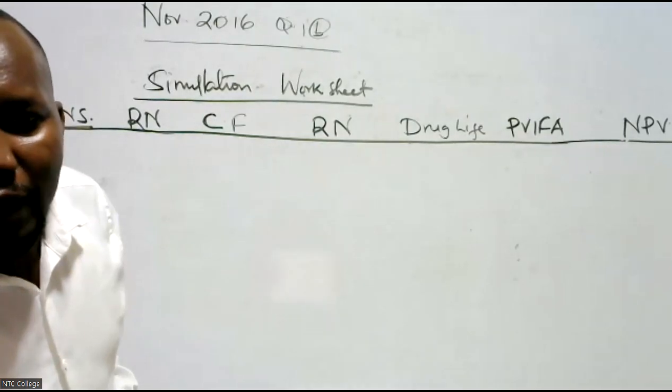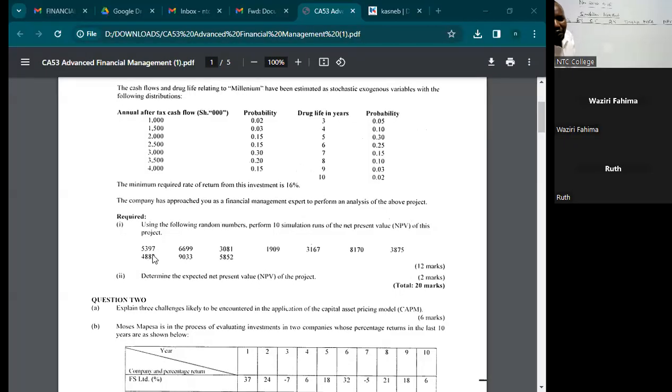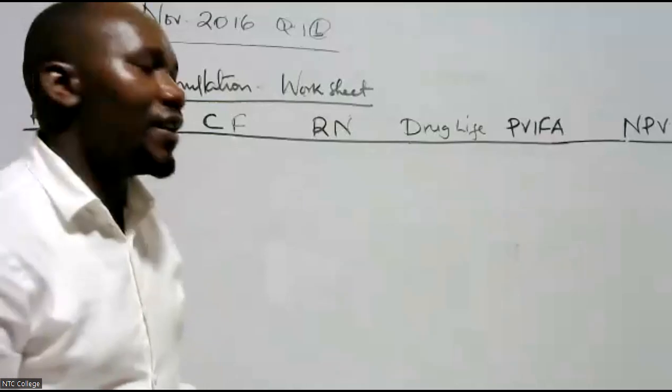So come to the random number. The first random number is, can somebody tell me? Give me the random number. Is it 53? Thank you. You start by picking the first one, 53. So you pick 53.